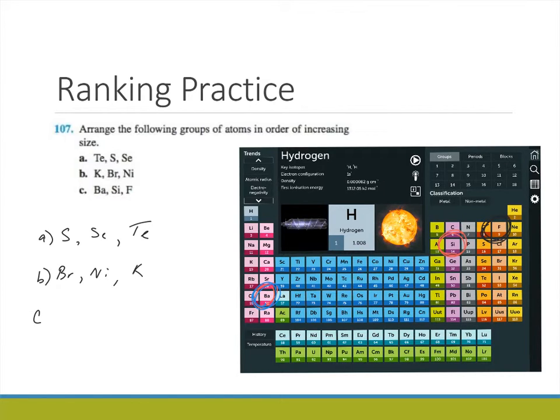Okay, so fluorine's at the top and it's the farthest to the right, therefore fluorine should be the smallest. Silicon is in the third period, whereas barium is in the sixth period. So fluorine, then silicon, then barium.